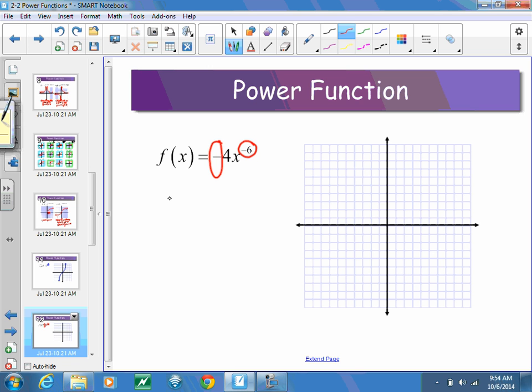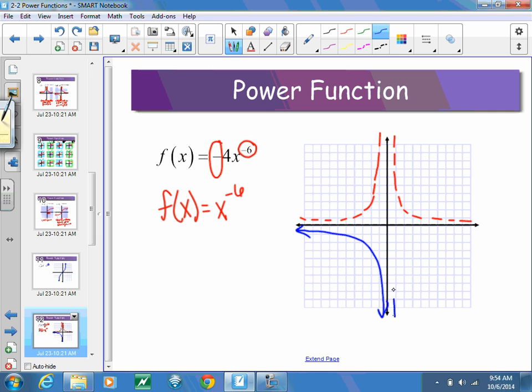And if I just drew this out as f of x equals x to the power of -6, I would have my two branches up in the first and the second quadrant. Now, because I am reflecting it over the x-axis, this graph is going to end up in the third and the fourth quadrants. And so it's going to be those two blue lines.